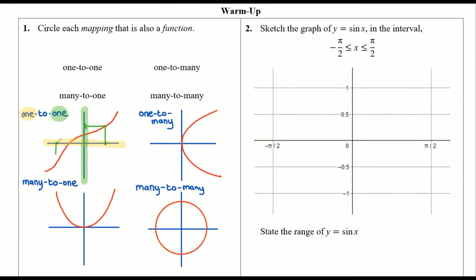If I pick an element over here, it maps to a unique, and I'm using that word carefully, it maps to a unique element in the range. Now, if this happens, whereby every unique element in the domain maps to a unique element in the range, this is what we call a one-to-one mapping, okay? And one-to-one mappings are functions.